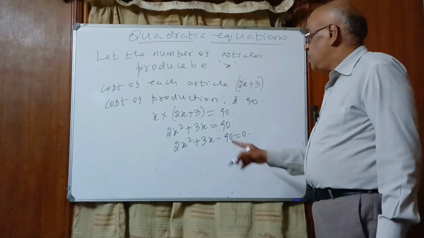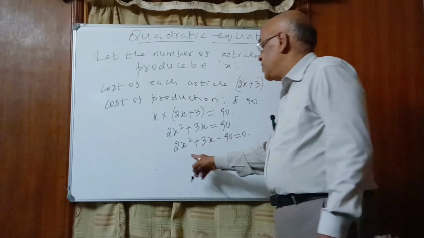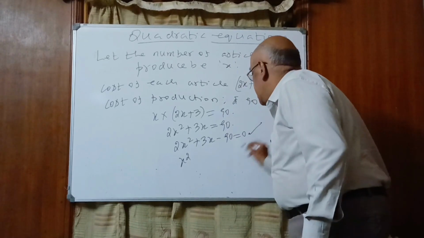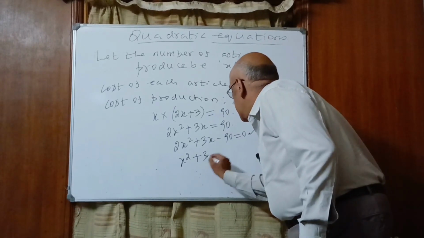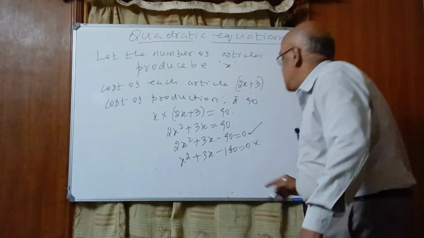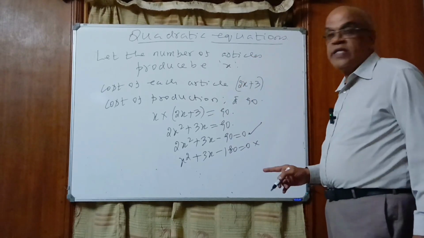Before splitting the middle term, shift the x square coefficient to the constant term. This is the original equation, children. Temporarily, x square plus 3x minus 180.